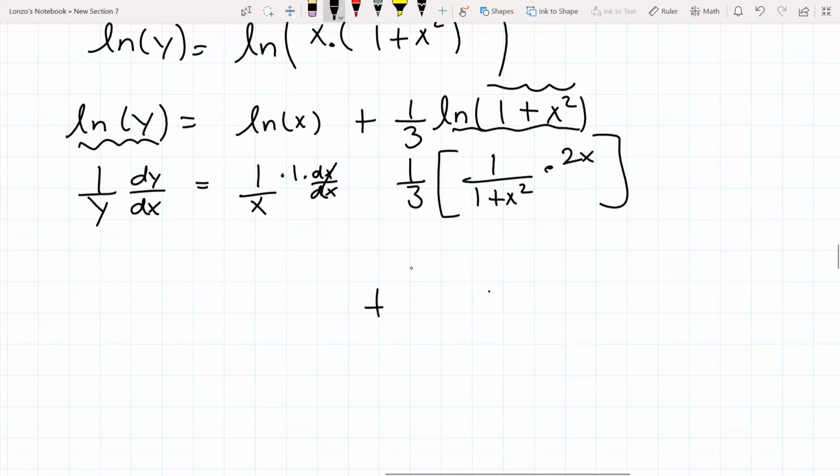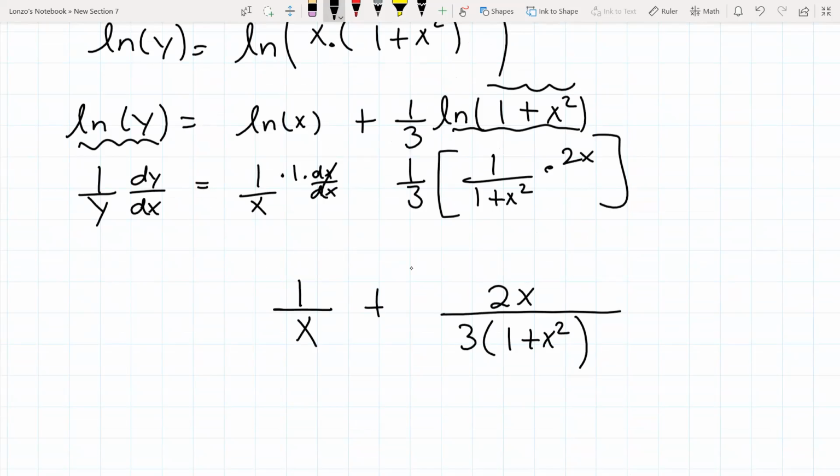This would be 2x over 3 times 1 plus x squared. And this would be 1 over x, equals 1 over y dy dx.